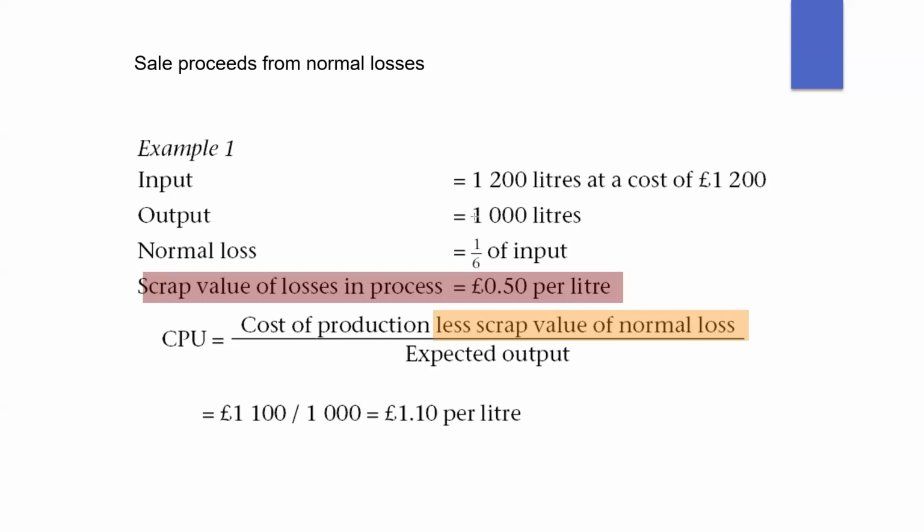First, we are going to calculate the expected output. Expected output is the total input minus the normal loss. Expected output equals input minus normal loss.